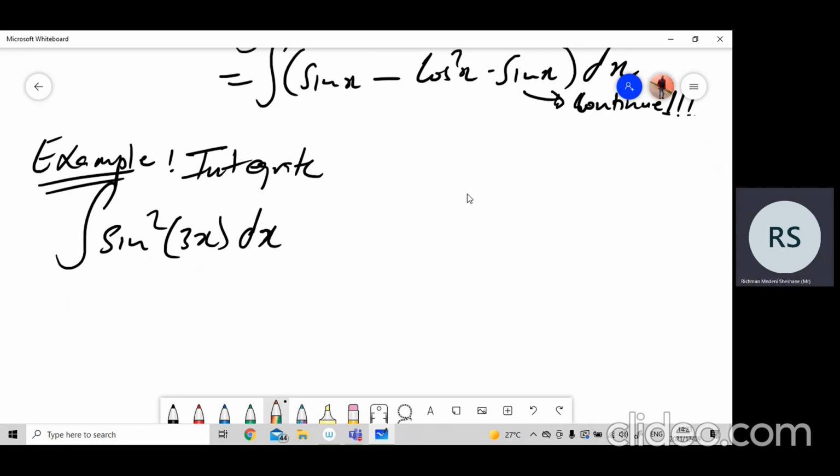When we integrate sine squared, you remember, sine squared x is equal to 1 over 2 times 1 minus cos 2x.